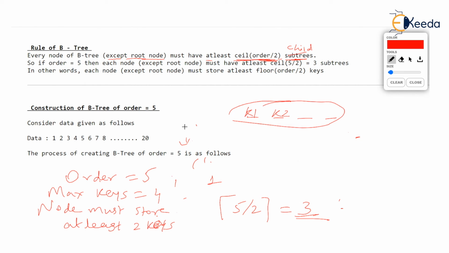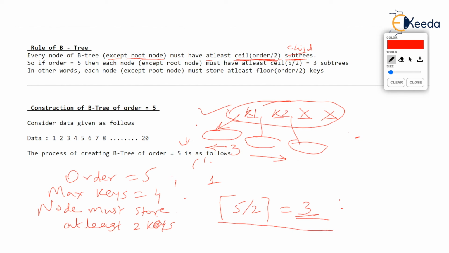And for the other two keys, you may say, no, I don't have any keys over there, I am not storing. This is a valid node. This is following the rule, because now you can have some values to the left of k1, right of k1, and right of k2. So you have three children over here. So ceiling of 5 by 2, that is 3. The rule is followed.